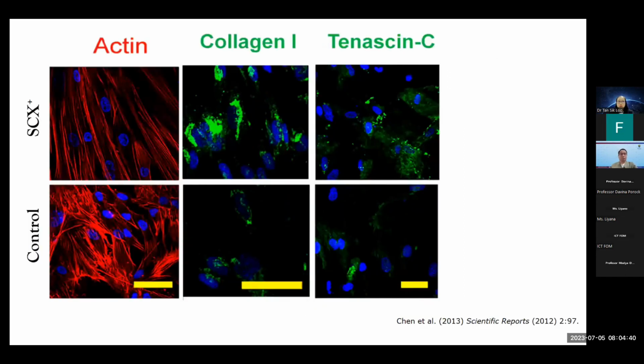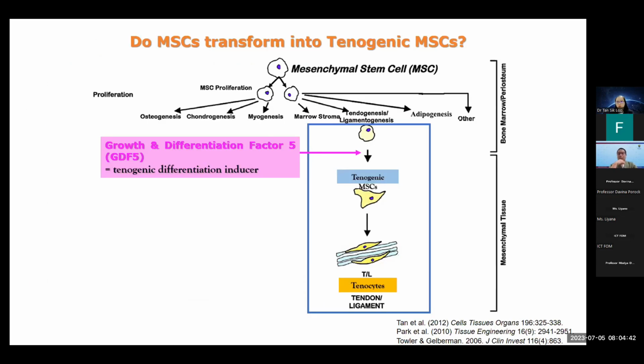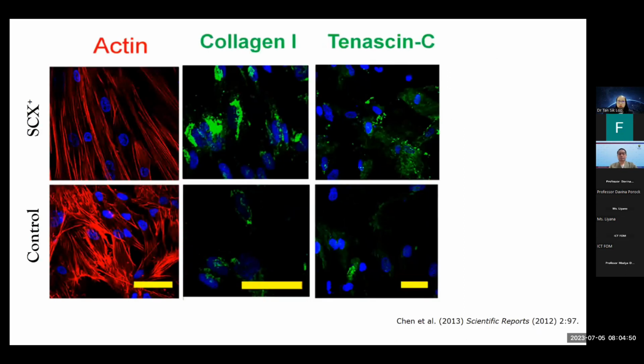Before we started this in vitro work, some of the previous work published at that time was on the expression of the scleraxis gene in mesenchymal stem cells, which showed that the cells were able to express a tenogenic expression profile, including upregulated type 1 collagen expression as well as tenascin C expression.